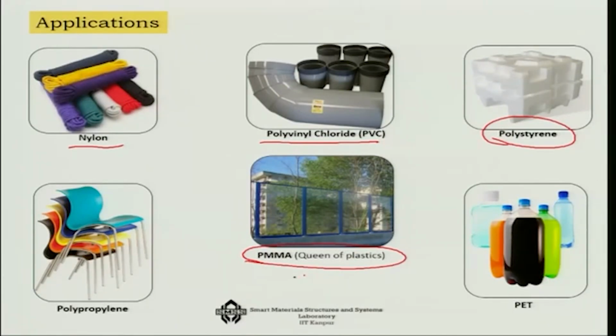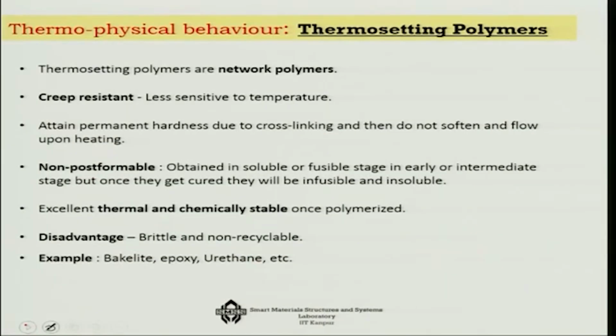You will get it in the market as artificial glasses, for example; they are transparent. Then polypropylene, which is used in chairs, for example, and PET, which is used in bottles. Now let us look at the thermosetting polymers.